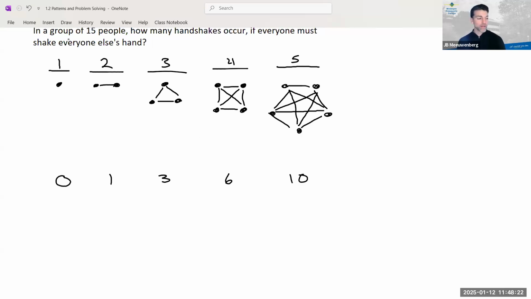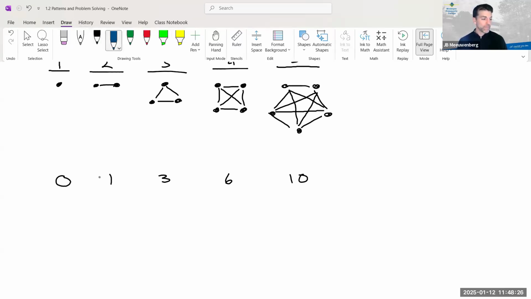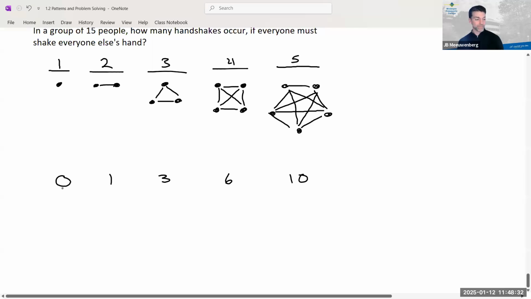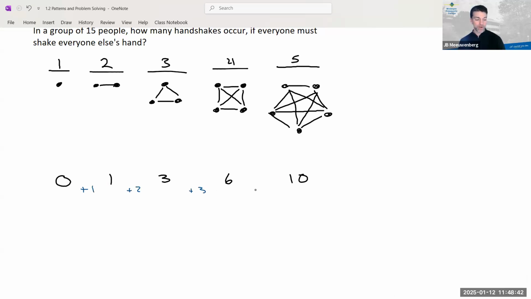So what are we observing here? Is there a pattern? Oh, this looks kind of familiar, doesn't it? To go from one number to the next in the number of handshakes, this is +1. This is +2. This is +3.